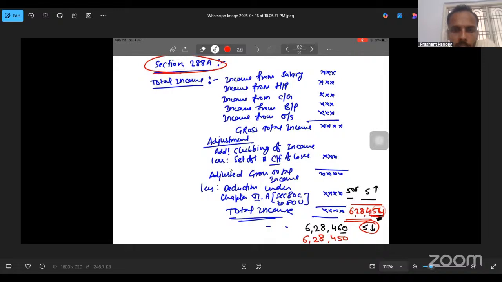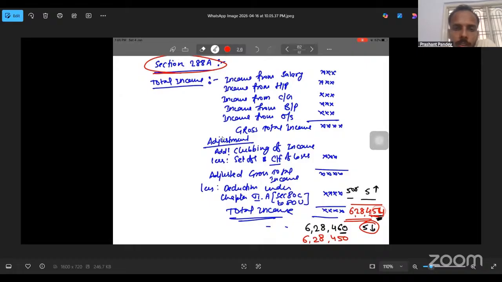The losses incurred in the previous year will be neutralized with the income he is making this year. So he will not have to pay tax on 3 lakh rupees.